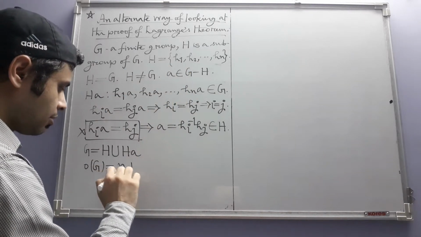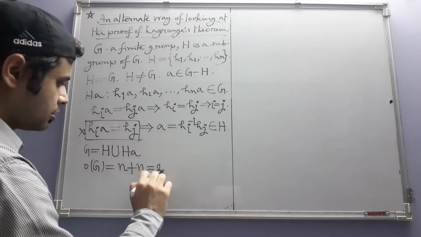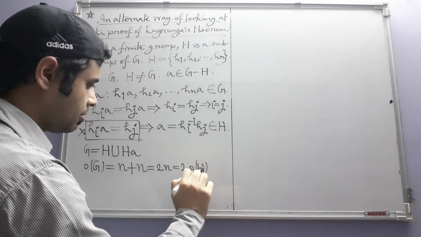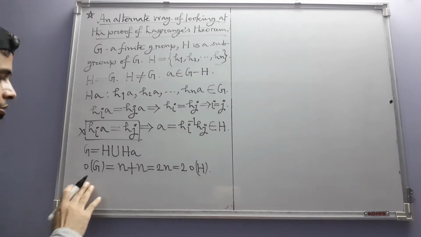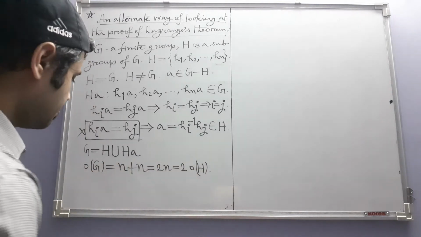N, plus how many elements here in HA? N. So this is 2n, or 2 times order of H. In this case also we have the fact that order of H divides order of G.